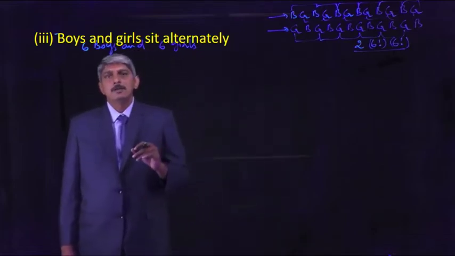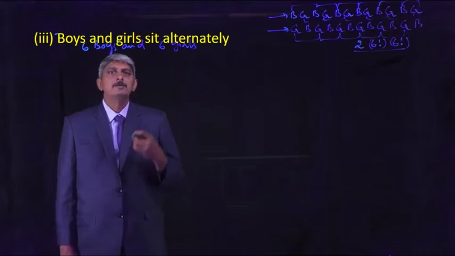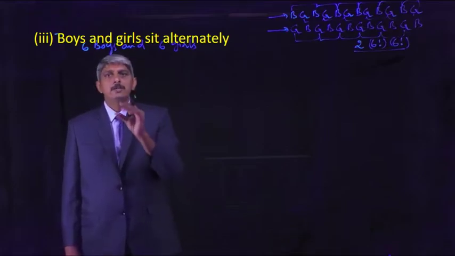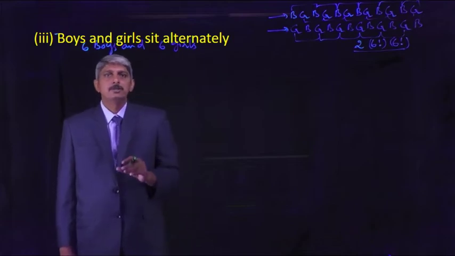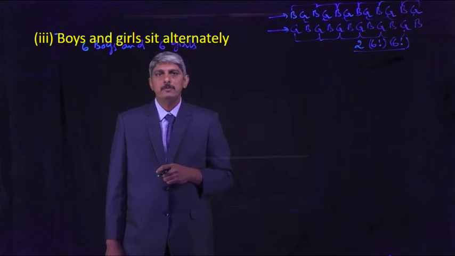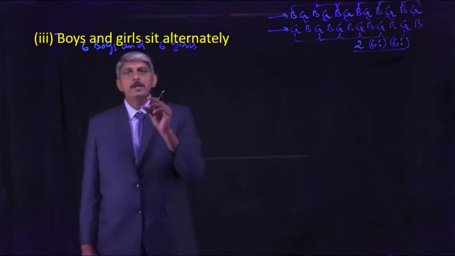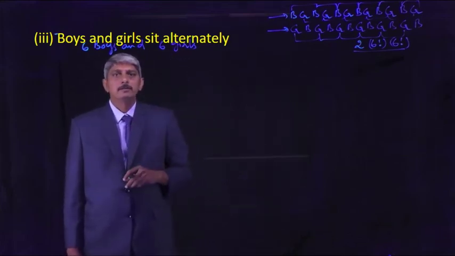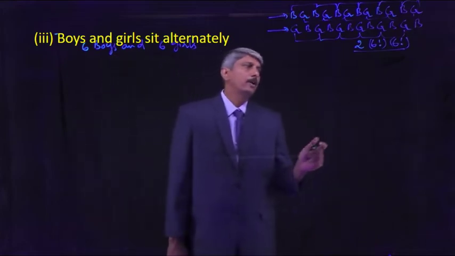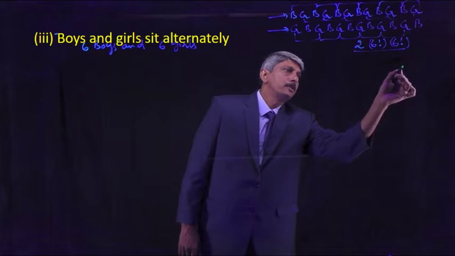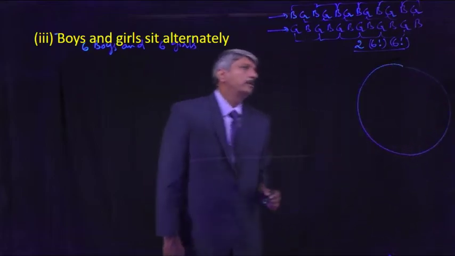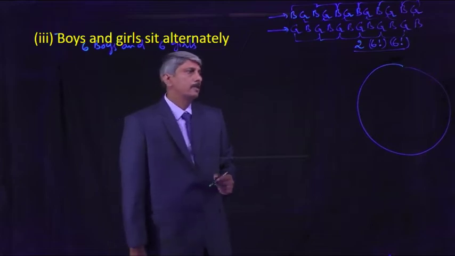In case of the circular arrangement, how many ways can we arrange 6 boys and 6 girls so that boys and girls sit alternatively? Okay. First, we arrange either a boy or a girl around a circle in 6 minus 1 factorial, without loss of generality.